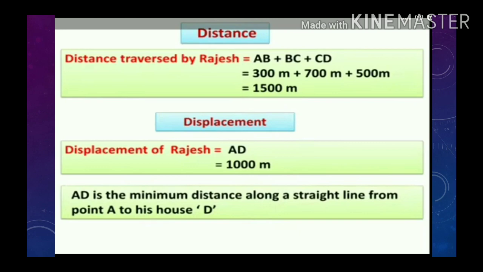What have we seen? The displacement of Rajesh is from A to point D, so it is 1000 meter. AD is the minimum distance along a straight line from point A to D, which is his house.